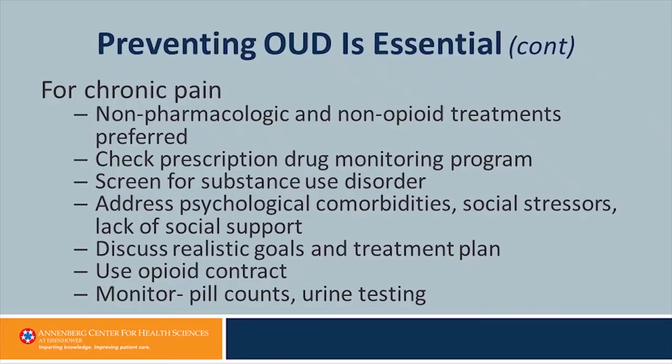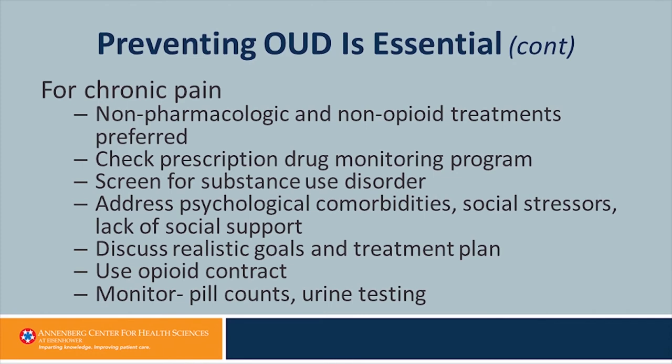With chronic pain, first try non-pharmacologic and non-opioid treatments. These are preferred given the risk of tolerance, dependence, and addiction with long-term opioid analgesic use, as well as other risks which I previously mentioned, ranging from opioid-induced hyperalgesia to overdose. Check the PDMP and screen for a history of substance use disorder.